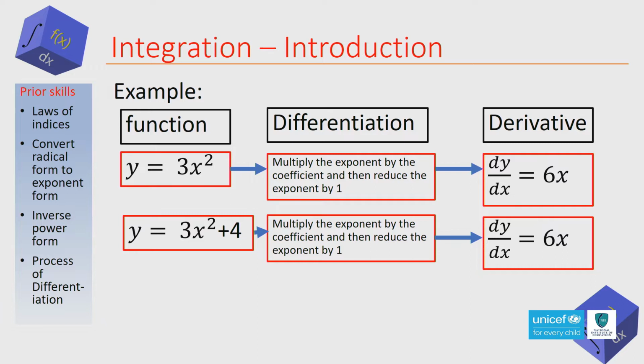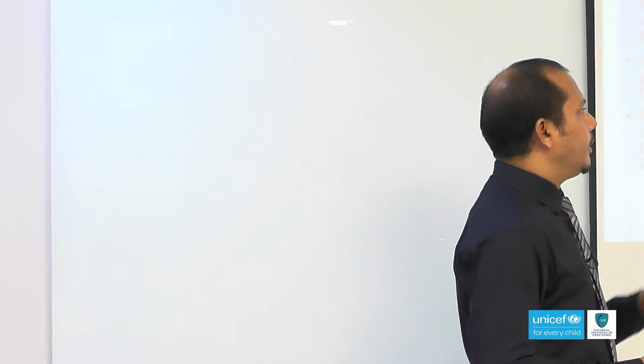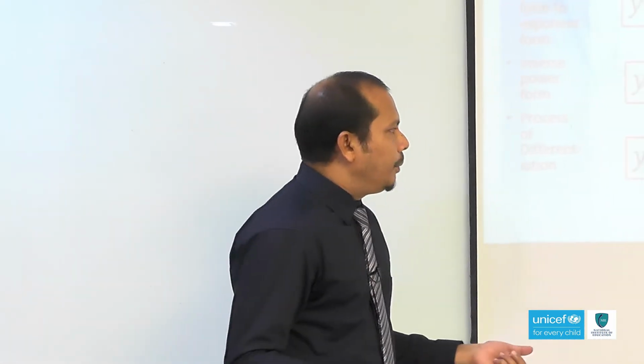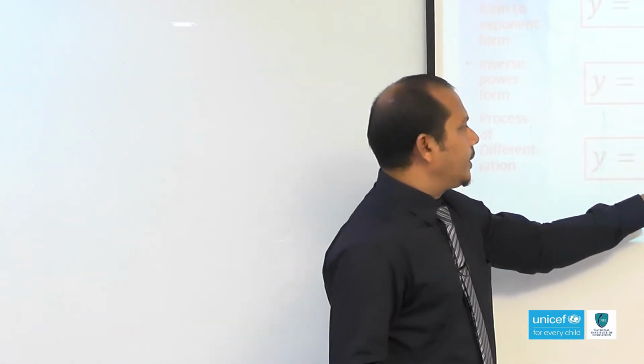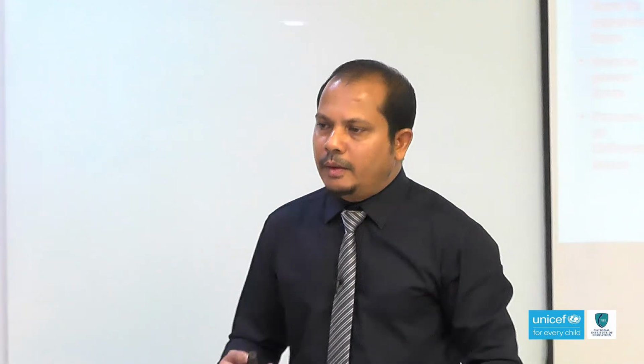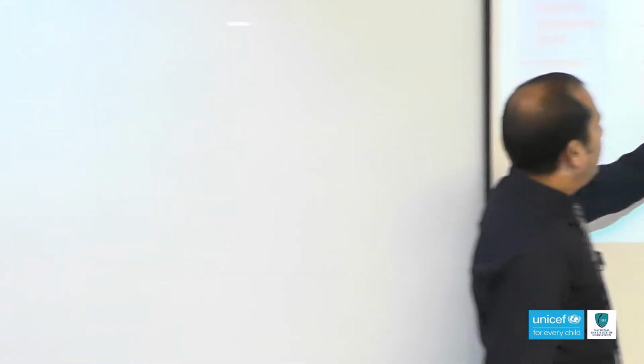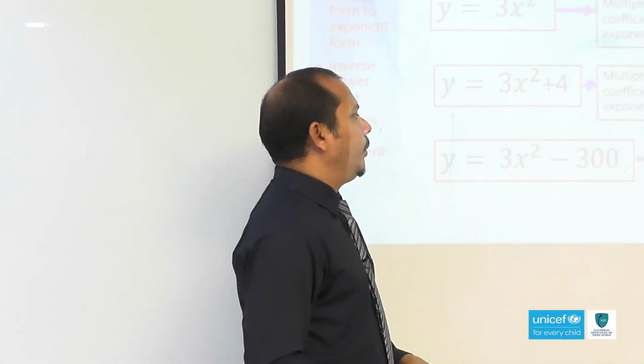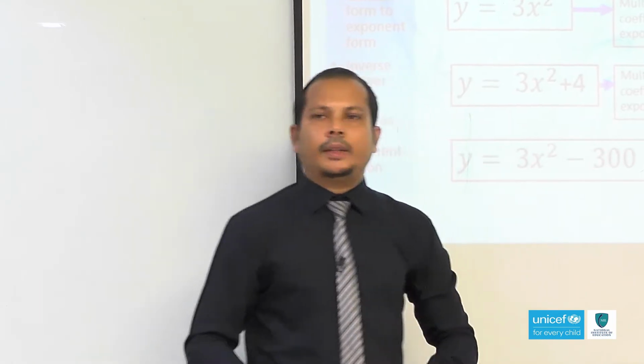If you differentiate a constant, you get 0, because a constant never changes when other variables change. So dy by dx is equal to 6x. If you take the same expression but subtract 300, you still get 6x. So whether 300 or 4 or any number is added, it does not change the derivative function.